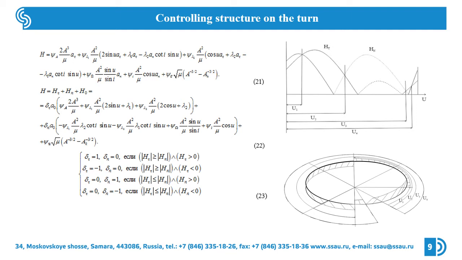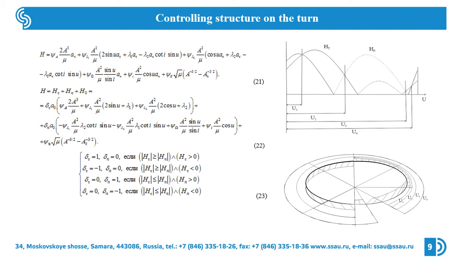The graphs of the functions h_tau of u and h_n of u are sinusoids with the same period, presented on the first picture. Therefore, to ensure the maximum of the Hamiltonian, there must be no more than 4 engine switching points on the turn.